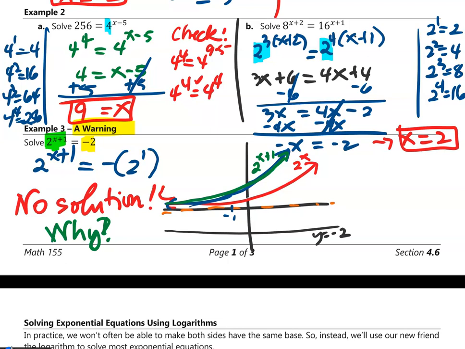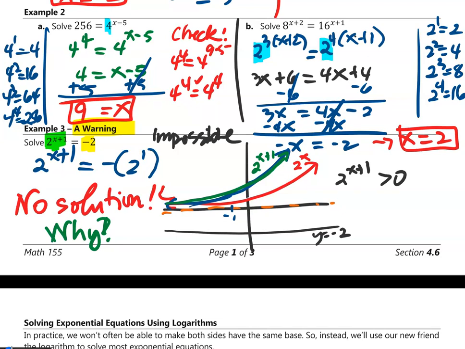So we can say that 2 to the power of x plus 1 is always going to be greater than 0. You see the horizontal asymptote here, it's going to be above the x-axis. So we can say that this is impossible. So that's why we say that there is no solution.